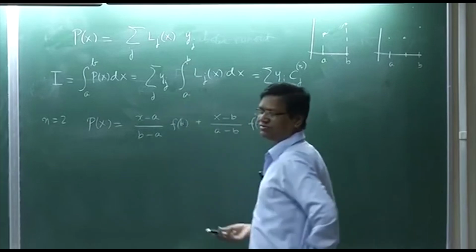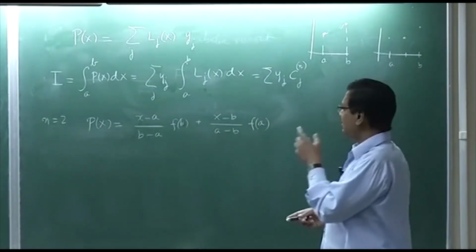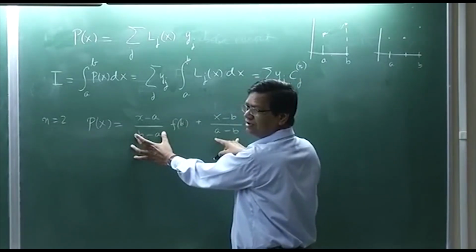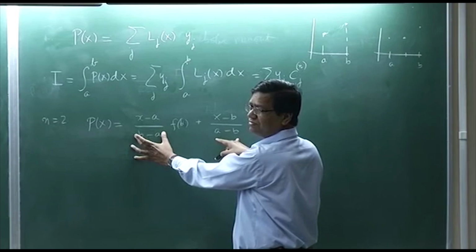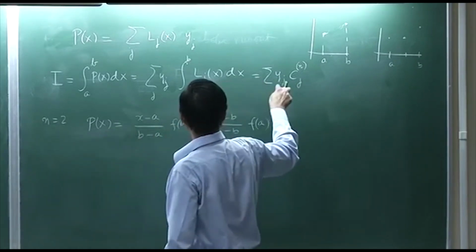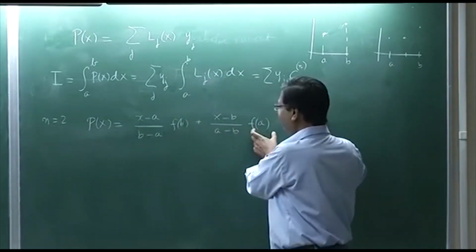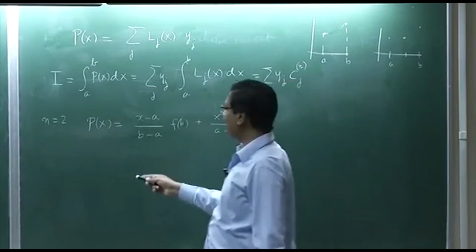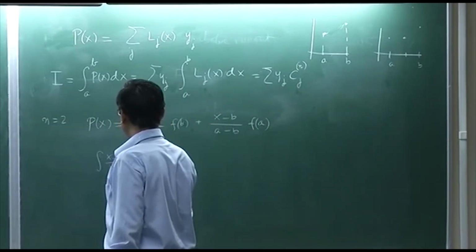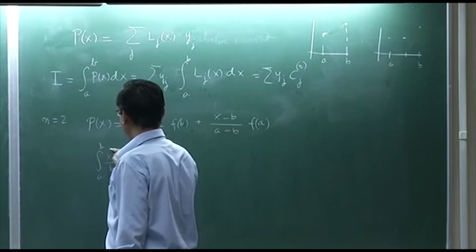So this is the formula of Lagrange interpolation. These are the Lj's, 2 of them. So I need to integrate this. That will give me 2 coefficients, which will multiply f(a) and f(b). So the integral of this is x minus a over b minus a, dx from a to b.